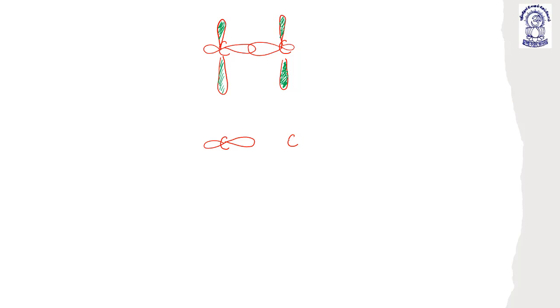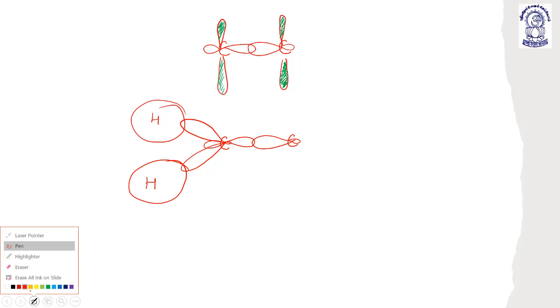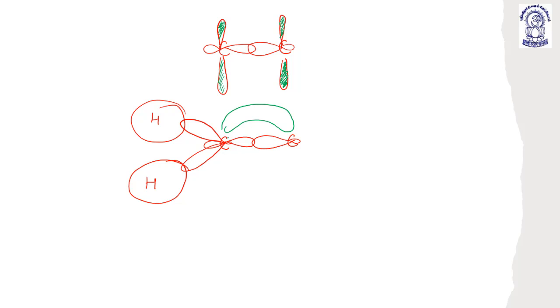There are three sp2 hybridized orbitals. Because of this, the pi electron clouds merge, and the electron density is more above the plane and below the plane.